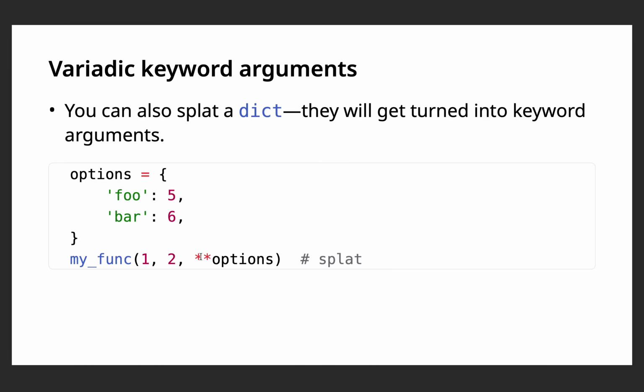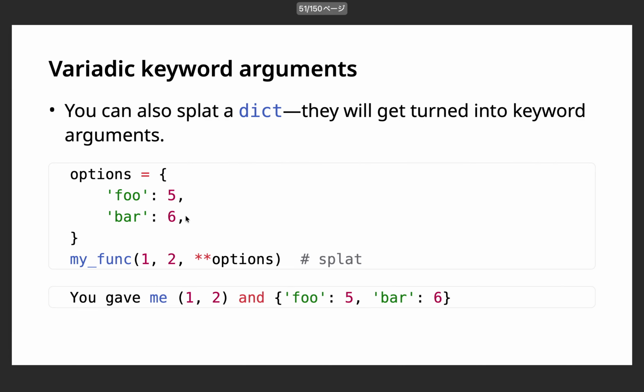Now the reason for this is in order to match with the keyword arguments syntax over here. So we can splat this dictionary into this function here. This will be the same thing as giving it an argument foo with value 5 and an argument bar with value 6. Okay, so this is the expected output of this function call. Okay, so that is for keyword arguments.